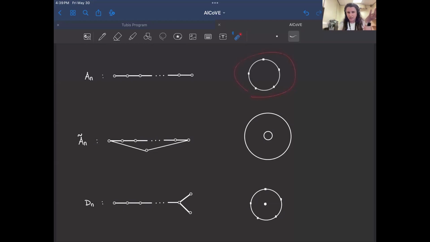So I did triangulations of polygon. Can I do triangulations of general surfaces? For instance, one option is I can consider an annulus, which will probably be the affine A combinatorics.